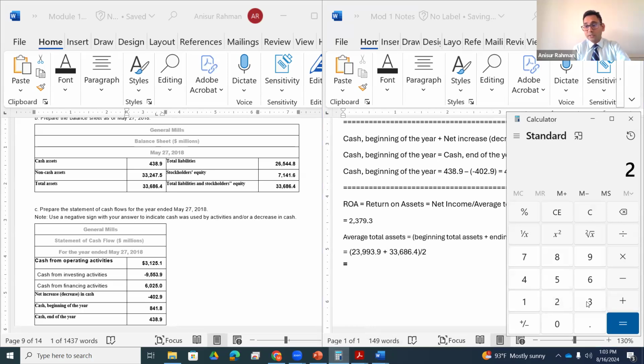So 23,993.9 plus the ending total assets.